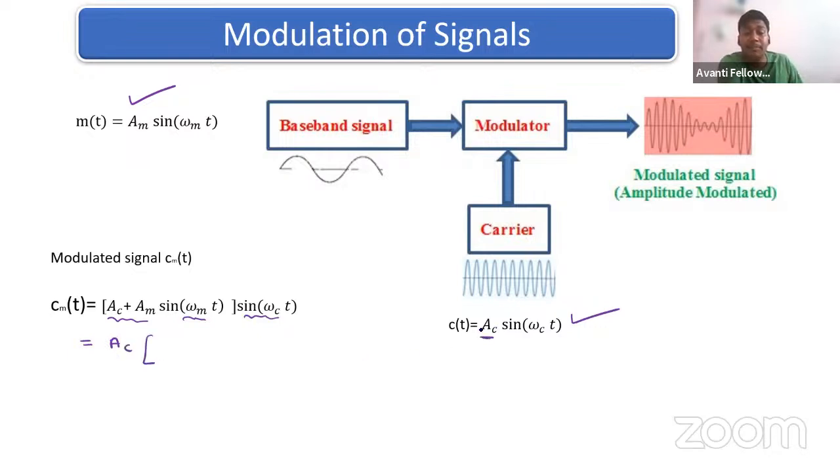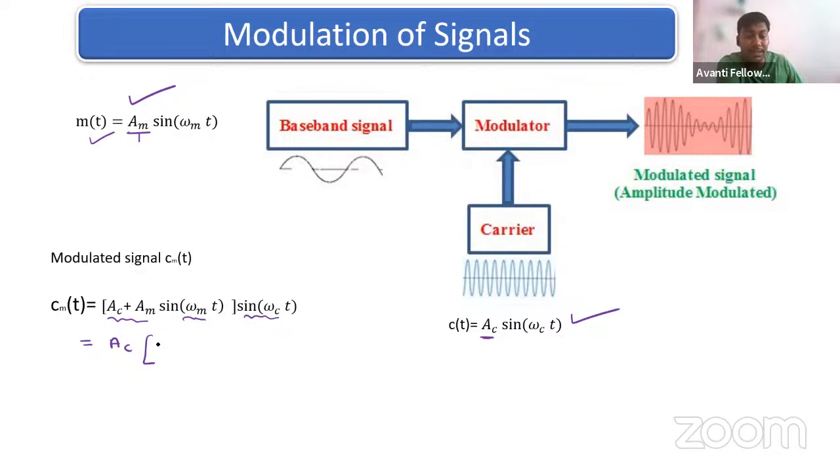Ac here is the magnitude of this carrier wave, and Am is the magnitude, or you can say amplitude. I say magnitude here because it's a numerical value of this message signal, or you can say the peak to peak value of this message signal. In this case, this will also be the peak to peak value of this carrier wave signal.